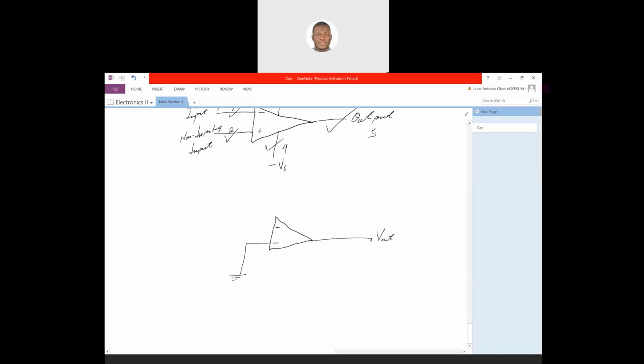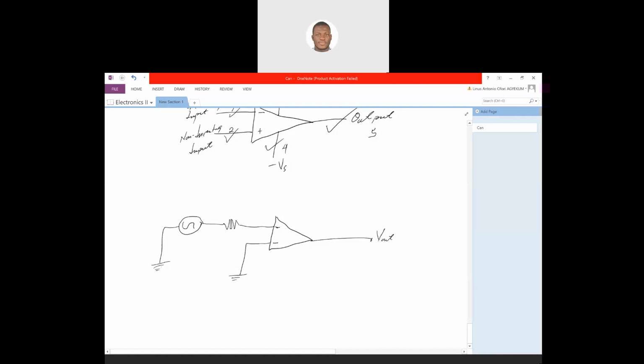Now this input here has a resistor, and coupled with the resistor, there is a supply, okay?